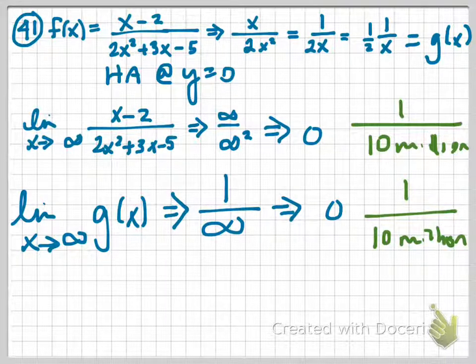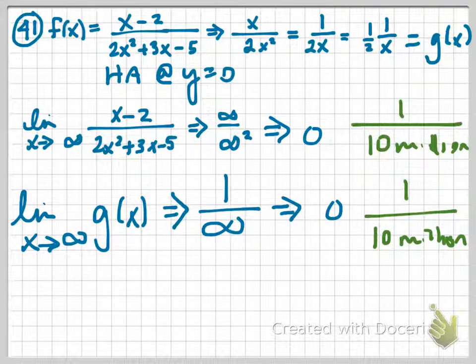Now, let's go back to our negatives. What would happen if I plug a negative giant number into f of x? It's going to be the same thing, right? It's going to be a tiny negative, but it's still going to be approaching 0, right? So all the arguments we just made still apply, even when they're negative, right? How about the g of x? Same thing, right?